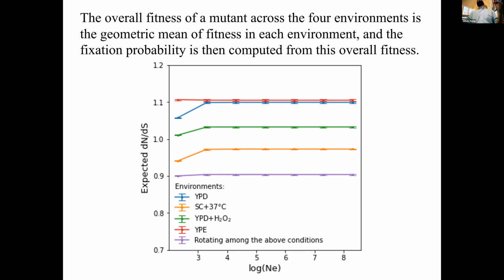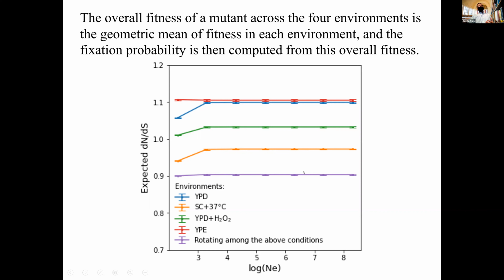And here we looked at different population sizes. So basically, population size doesn't matter so much, it looks like. So if the population goes through multiple different environments, the DN/DS ratio is indeed lower than when it's in one environment. Okay, so this is another possible explanation. And it's possible these two explanations are both correct. They are not mutually exclusive.